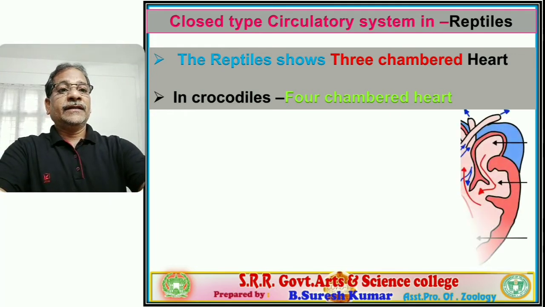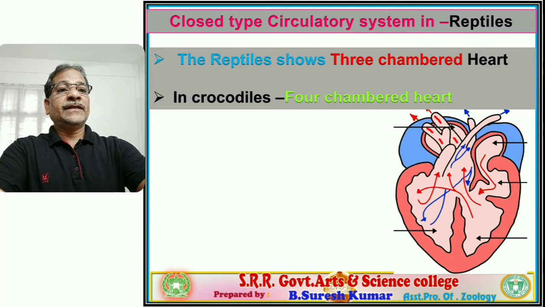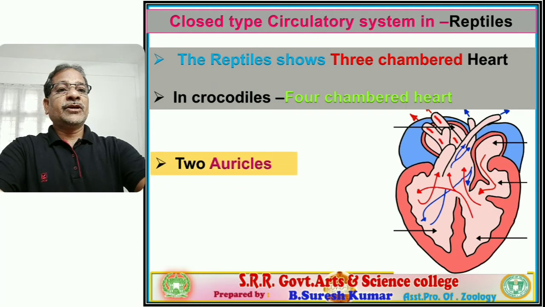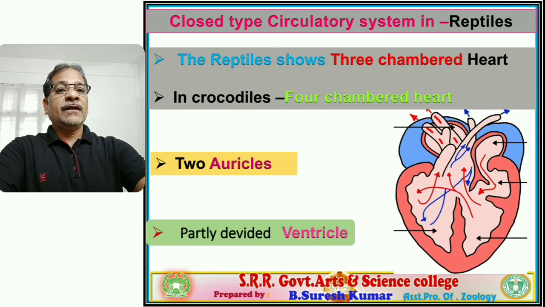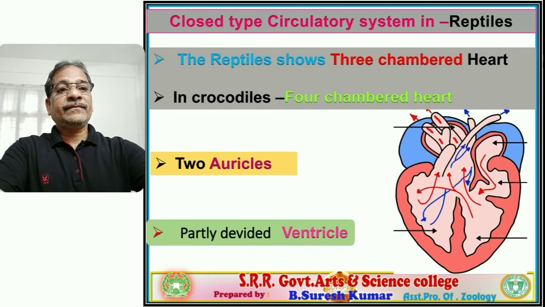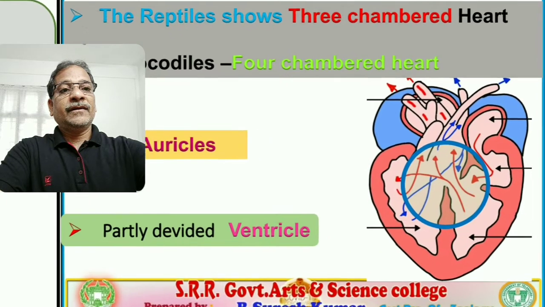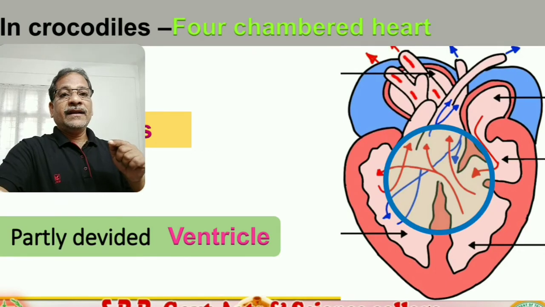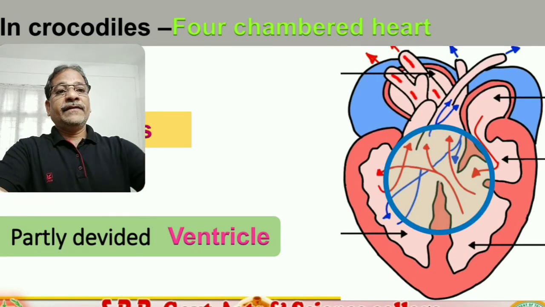Followed? Right? You observe the visual representation of the heart of reptiles containing three chambers. The upper chambers, two auricles, and the lower chamber, you observe, a partly divided ventricle. You observe the visual partition. You observe the ventricle is partly divided.